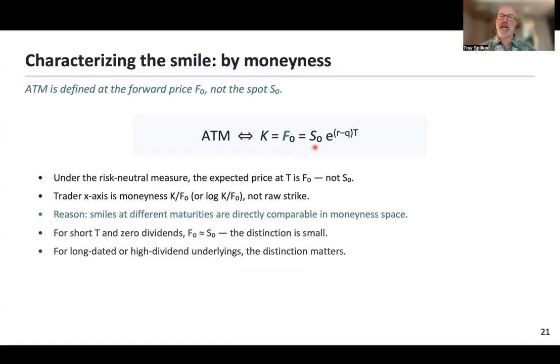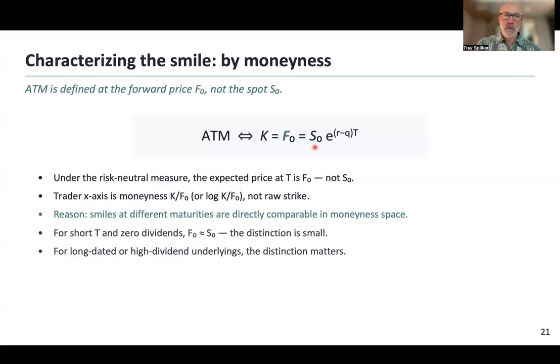Now, secondly, when we change maturity here, our F0 is going to shift with the forward curve. What's nice about that is mechanically the strike price whose moneyness is equal to 1 will shift.